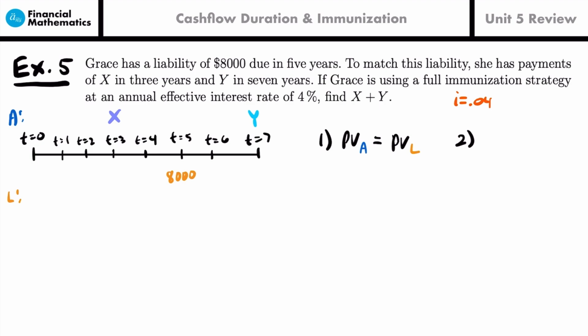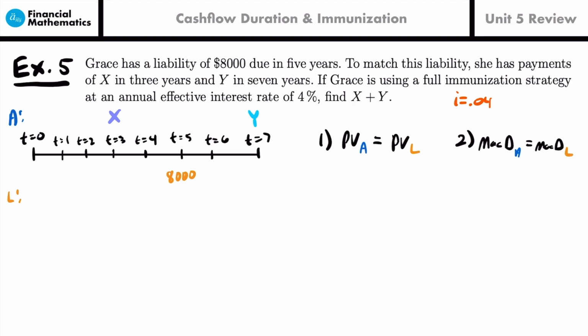You could use the modified duration if you wanted to, but it's going to be easier, I think, to use a Macaulay duration. Okay, so from the second condition of full immunization, the Macaulay duration of the assets will be equal to the Macaulay duration of the liabilities at that interest rate of 0.04.